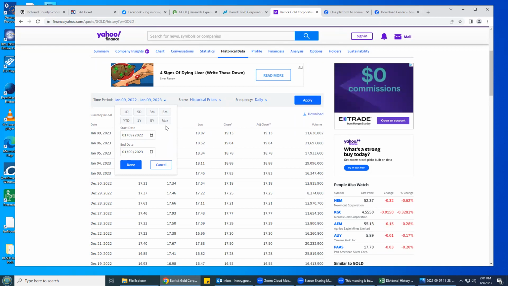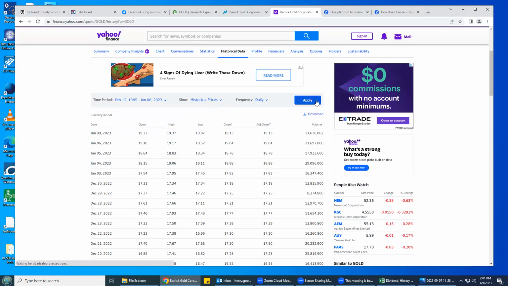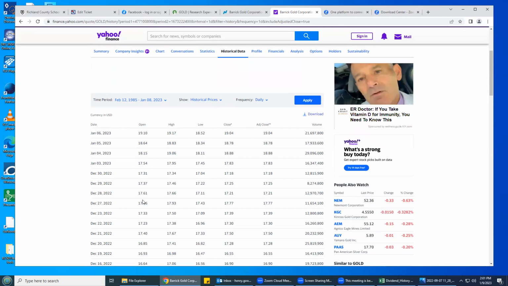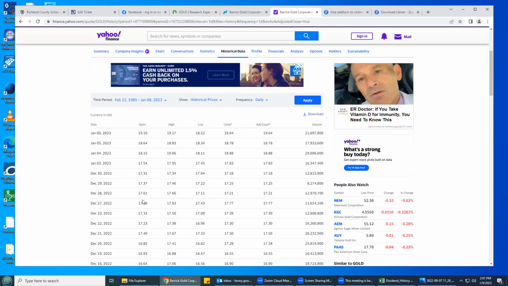So you want to do the max. Huh, well, I thought you could sort ascending. So what this tells me is I should have put this in before I sorted, because I don't see how I can sort by the date. Anyway, you can just download this.